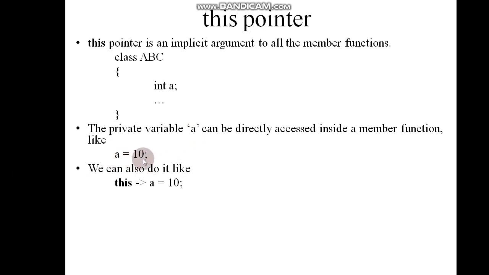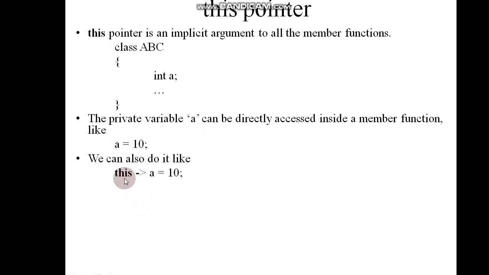A can be assigned 10 directly, and it can also be done using this operator: this arrow A is equal to 10. Till now we have not used this pointer because a shorthand was given and we can assign 10 to A directly.